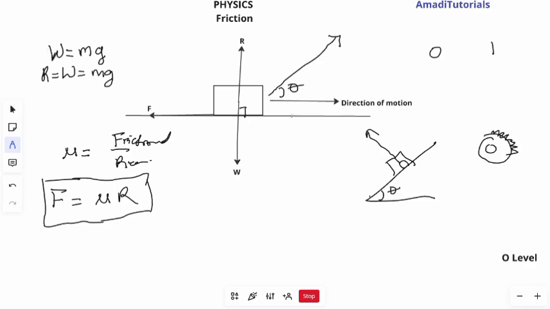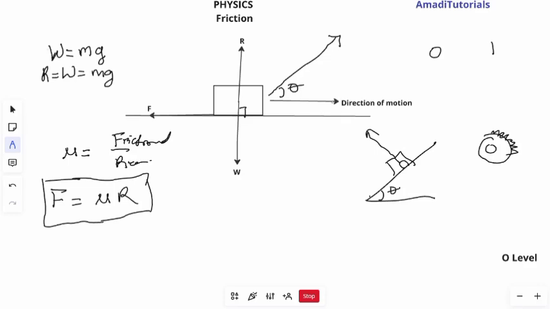So it has components on two sides. So what will be the frictional force if you are applying a force at an angle to the block?